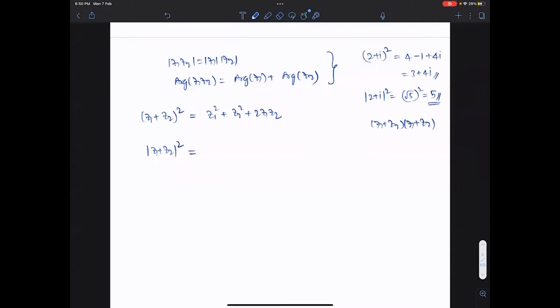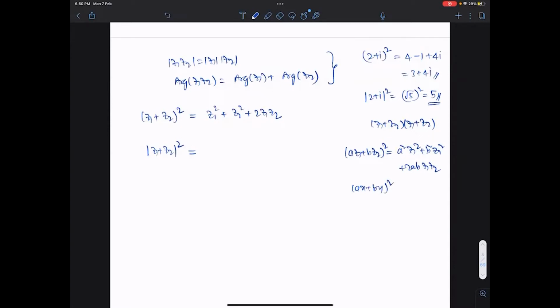For example, if you have (a z1 plus b z2) whole square, you can write a square z1 square, not modulus, just simply square, plus b square z2 square plus 2ab z1 z2, just like (ax plus by) whole square.